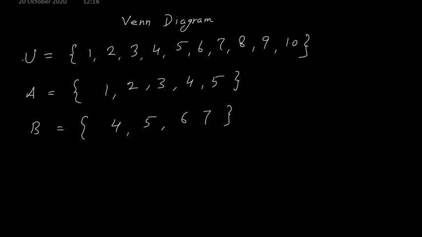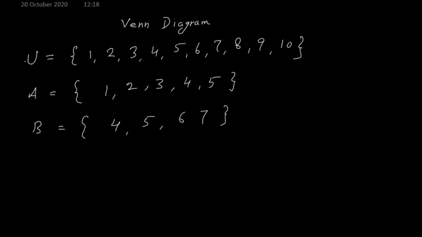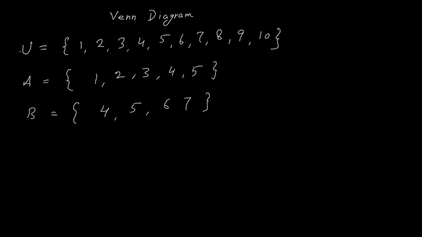So in Venn diagram, we use a rectangular shape. Okay, this is our preferred shape. You can use any shape, but it is generally followed that with a rectangular shape we indicate a universal set.